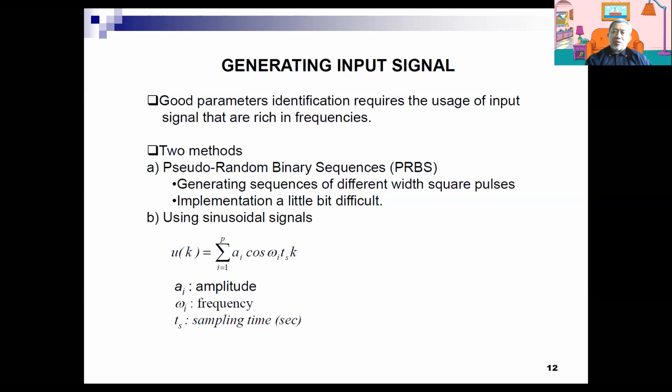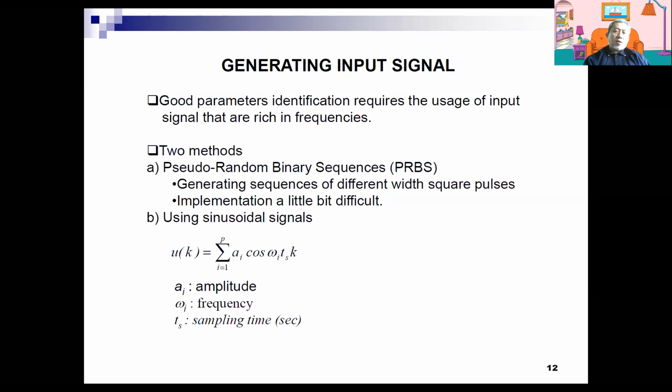If it is a temperature system, it is okay to use PRBS, but for the hydraulic system, since it is a dynamic system, we need to use a suitable signal for it. So we choose sinusoidal signals, which are more suitable, more relevant, and easier to generate compared to PRBS.